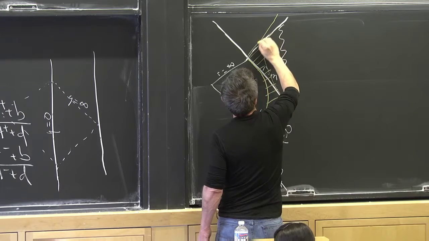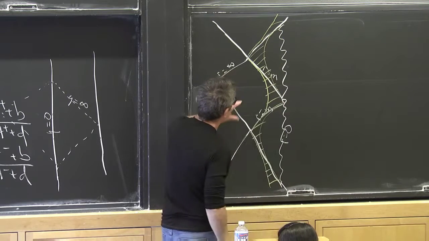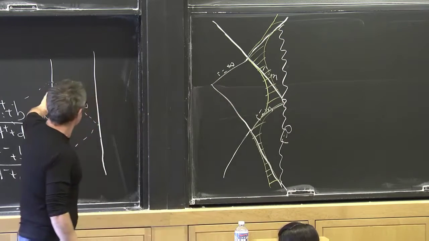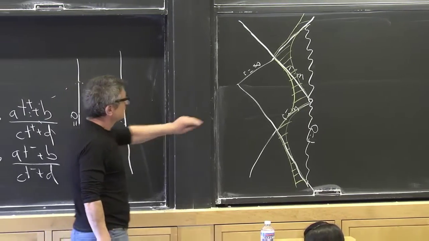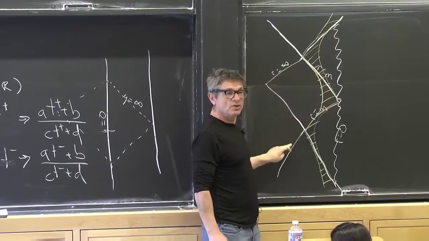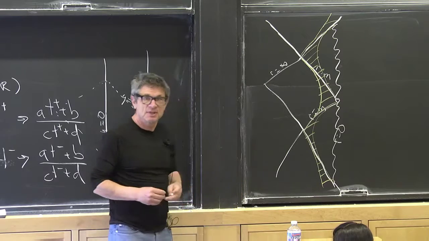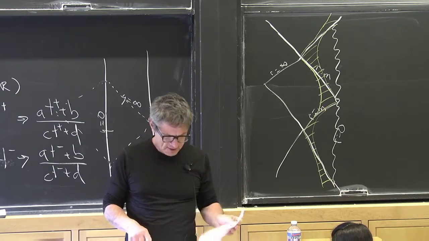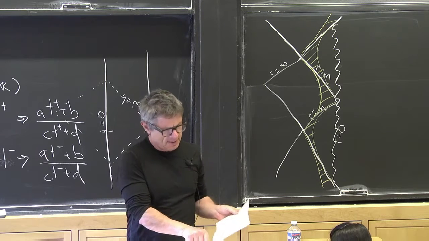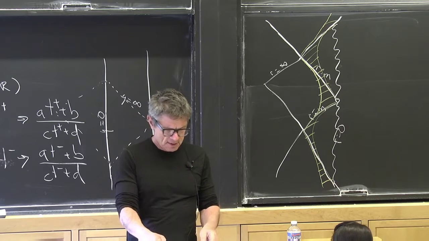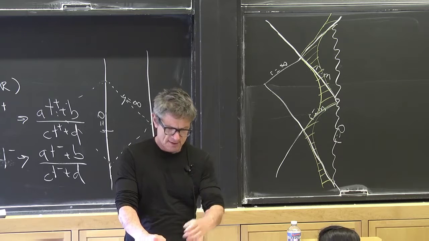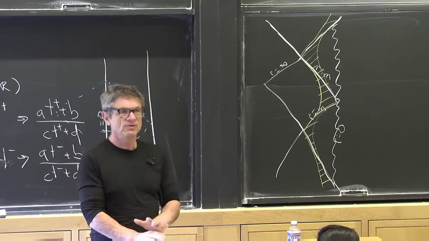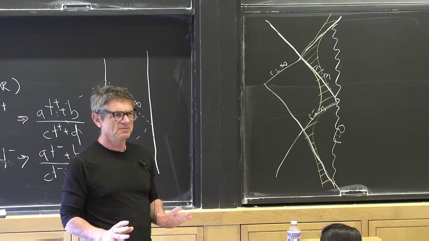So if you map this strip over to here, this dashed line is what was the horizon in the full asymptotically flat region. So that is everything. That is the review of last time. Are there any questions about that?